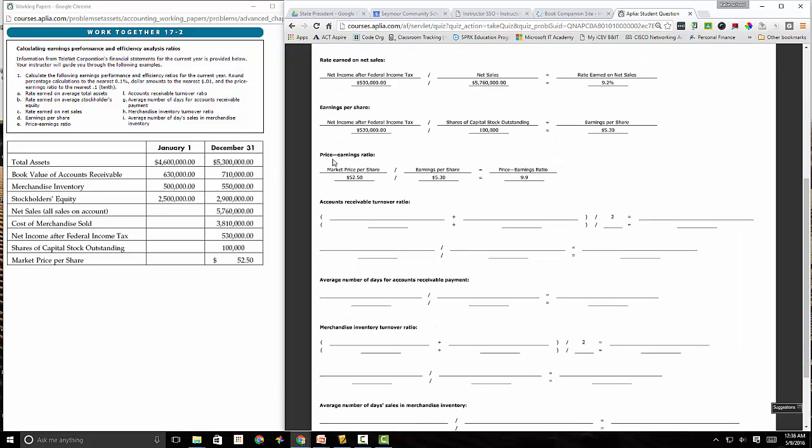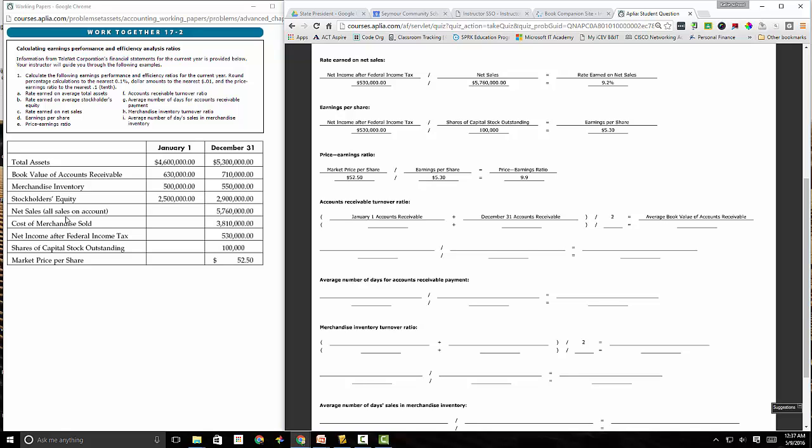Now I'm getting into my efficiency calculations, so my accounts receivable turnover ratio. How often am I getting my clients or my customers to pay off their bills? So I have my January 1st, December 31st. It's going to give me my average. So we have to find those numbers.